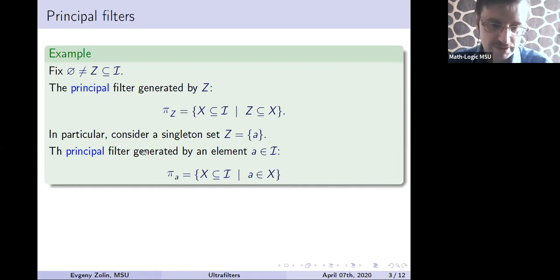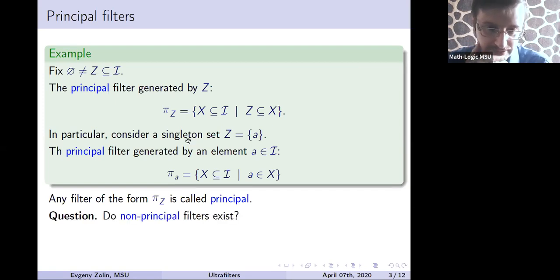In some sense, we will see below, this principal filter is the biggest filter that has this subset Z, the singleton A. Okay, so any filter that has this form, pi Z, for some set Z, is called principal. So principal filters are supersets of some set Z. Do we have any other filters? They will be called, of course, non-principal.